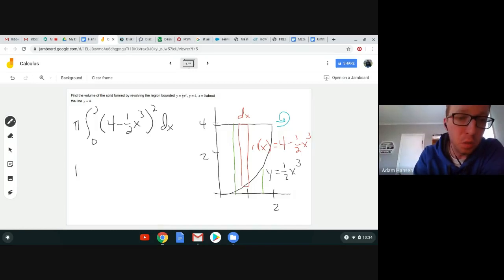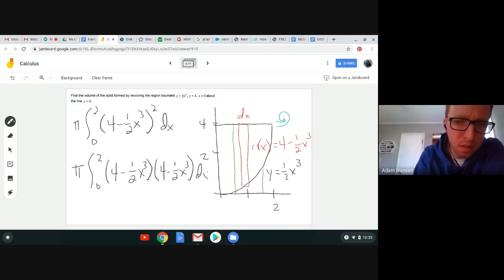All right, so pi times the definite integral from 0 to 2 of, I'm going to write this out twice, just so I can see how I'm going to expand it.